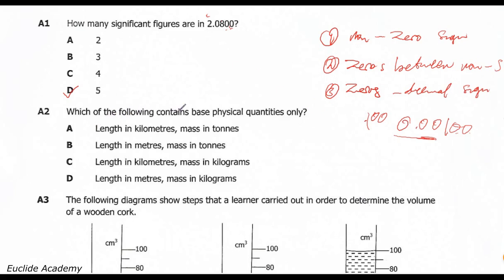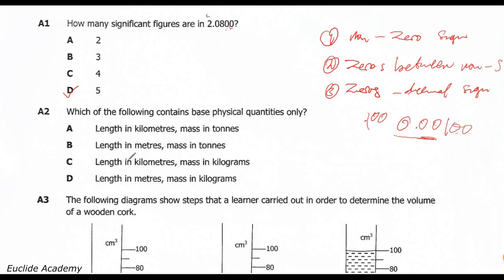Which of the following contains base physical quantities only? So we're talking about the quantities which can be measured, or in short the SI units for quantities. And length, we know the measurable ones, kilometers, mass in tons. These are not the SI unit for length.